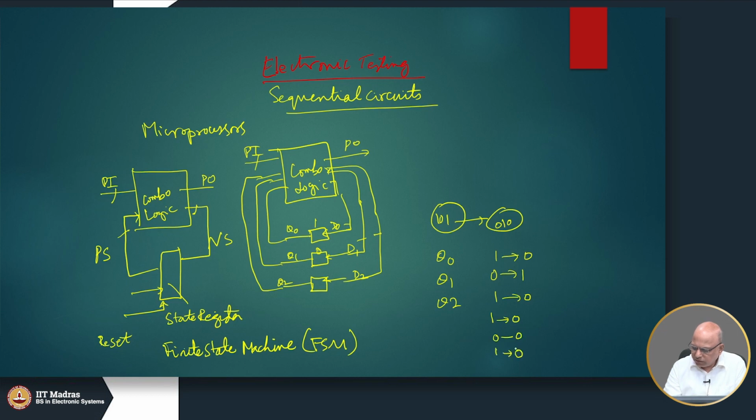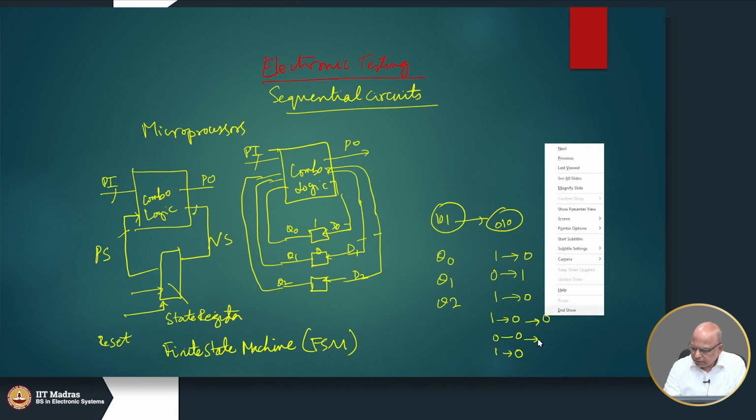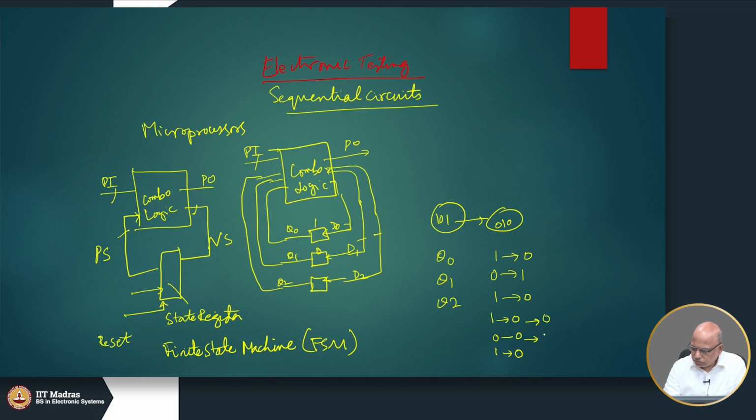So, for a brief period the state 000 will appear, then maybe this one changes to 0, and this has already changed to 0. Then finally this will change to 1. So, briefly there is a state 000 that has appeared. It can also happen that the first one changes the fastest, the second one has still not changed, the third one also has still not changed.